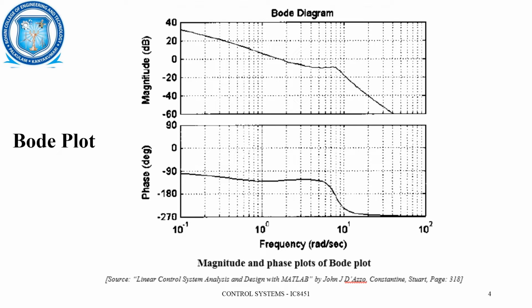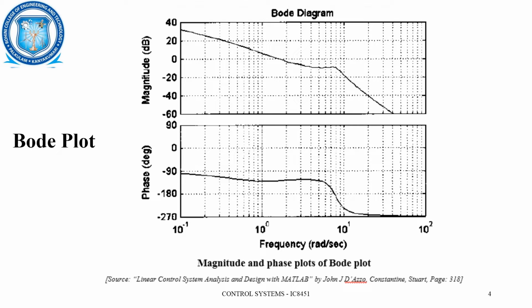Here at the bottom, the frequency has been represented as 10 power minus 1, that is 0.1, and the next point is 0.2, 0.3, 0.4, 0.5, 0.6, 0.7, 0.8, 0.9, and it is 1 here, that is 10 power 0.